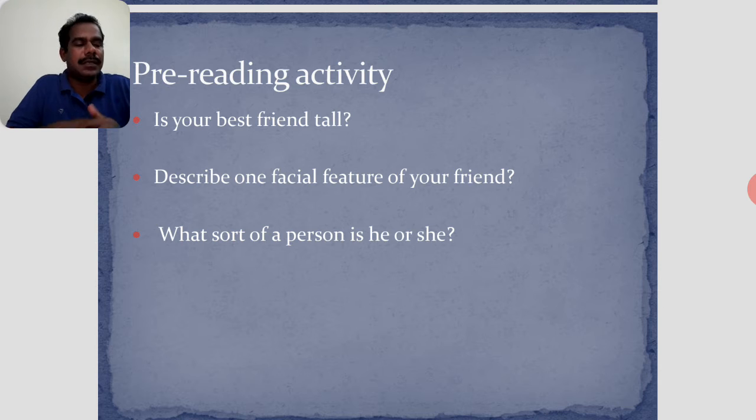Here, I would like to ask one question. I think every one of us has friends, am I right? If I asked about your friend, is your best friend tall? Your best friend is tall.